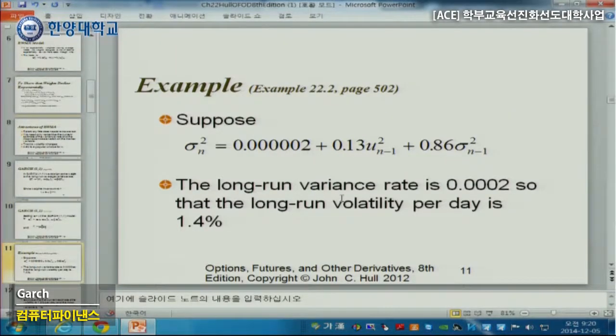For example, suppose this is our model, such that sigma n squared is 0.000002 plus 0.13 u n minus 1 squared plus 0.86 sigma n minus 1 squared. So the long-run variance rate is this one, and the long-run volatility per day is 1.4%.